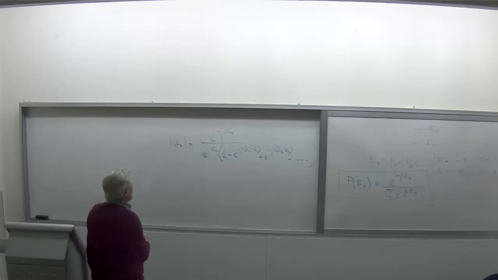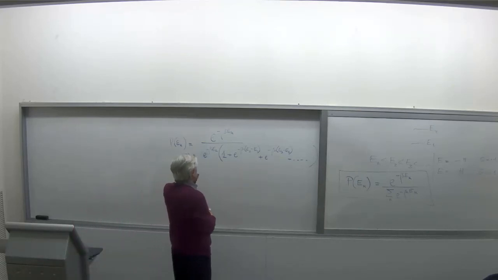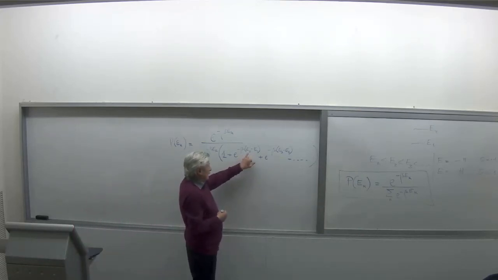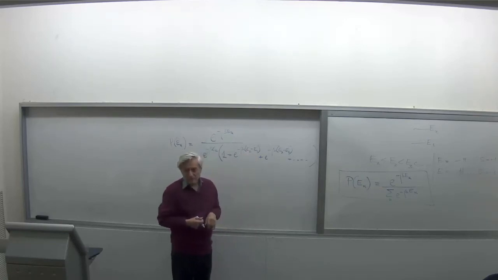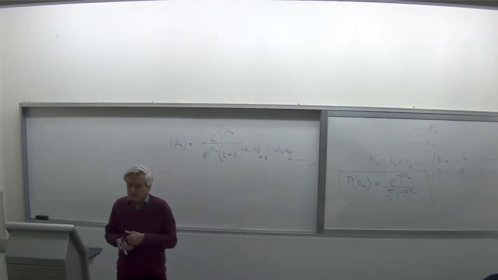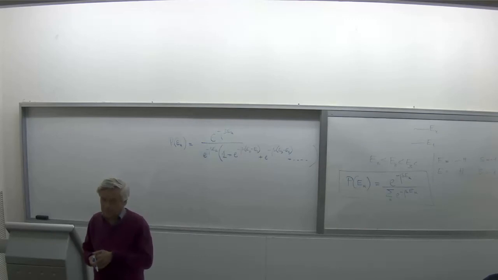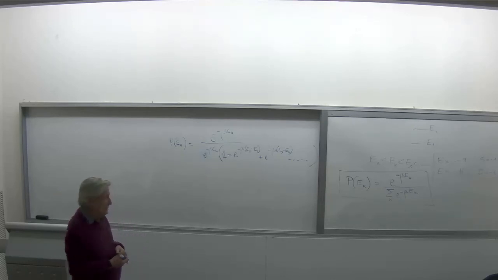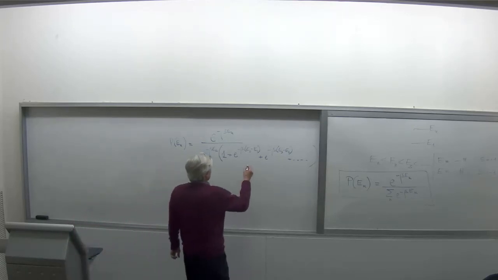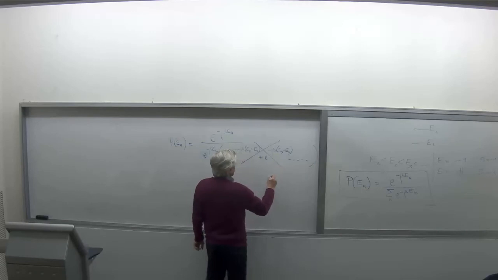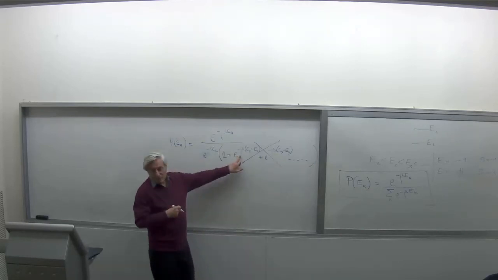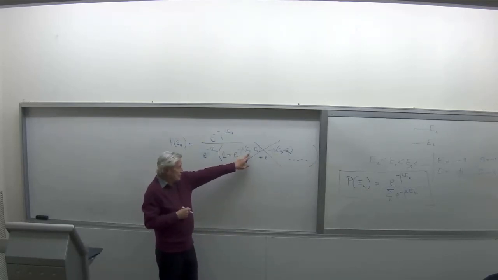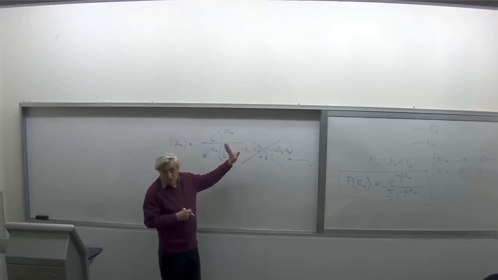Now, all these, the E2 minus E1, they are all positive numbers, and therefore if beta goes to infinity, every term but the first vanishes. So this is not there. When beta goes to infinity, every term here, this is positive, so it vanishes.